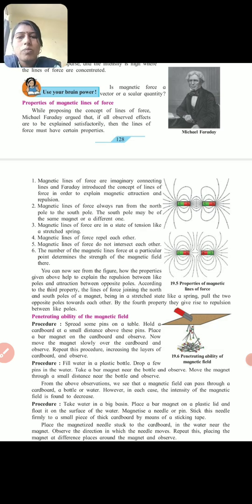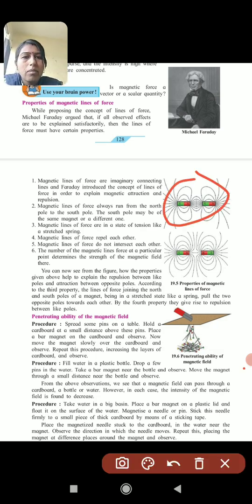Here, if you observe, there is a bar magnet with north and south poles, and these are the imaginary magnetic lines. These magnetic lines of force are imaginary connecting lines, and Faraday introduced the concept of these lines to explain magnetic attraction and repulsion.